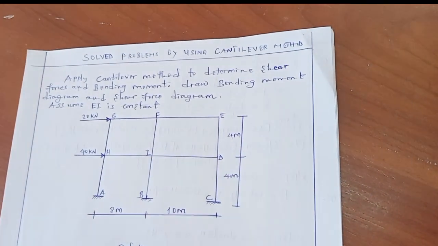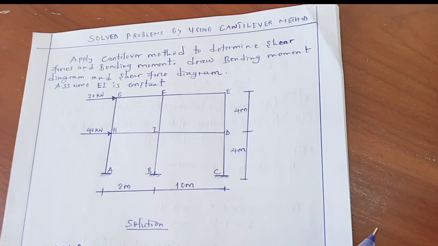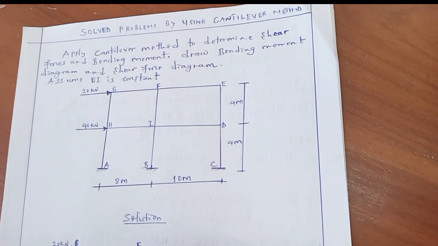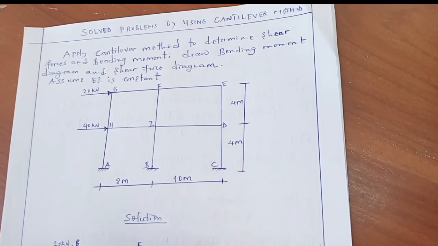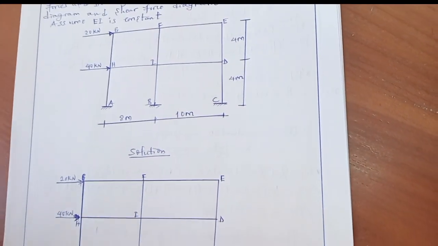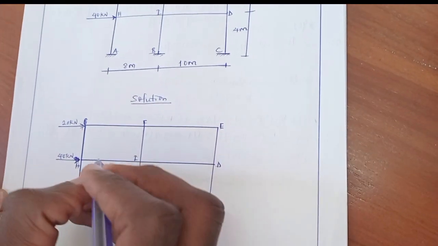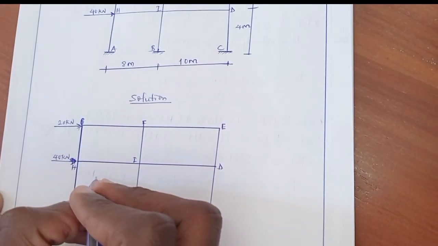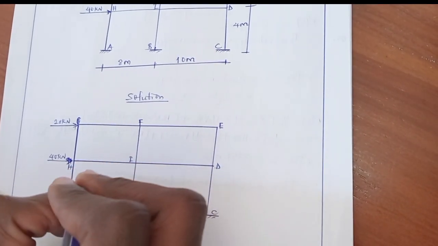and its span. So when analyzing a horizontal frame system by using Cantilever method, the first step is to introduce an imaginary hinge at the point of inflection.